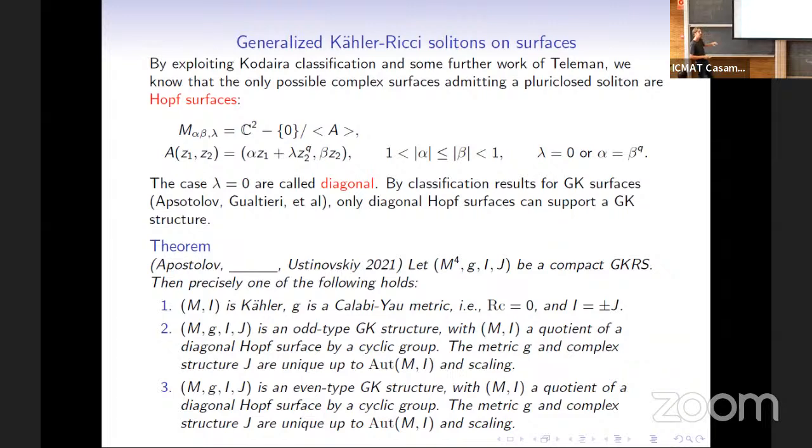It's GK in two ways, and it's all a smooth family. As you move through the moduli of complex structures, the metric is all part of a smooth family. So really, this family of solitons is the correct moduli space of non-Kähler Calabi-Yaus in this generalized Kähler setting. Okay.